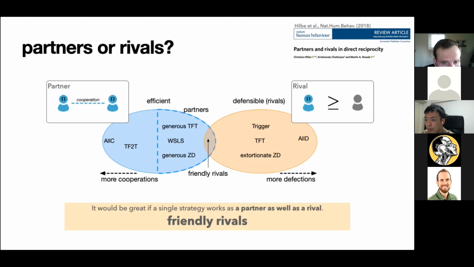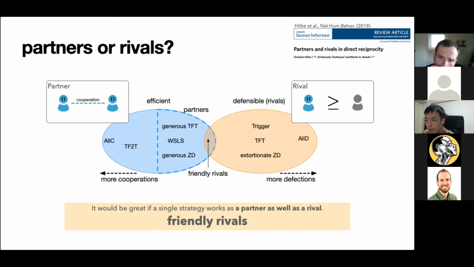For instance, win-stay-lose-shift and generous tit-for-tat belong to this class. On the other hand, rivals are a class of strategies that are stringent against the co-player, which is represented by the red circle in this figure. If a strategy is a rival, it is guaranteed that your long-term payoff never becomes less than your co-player's. For instance, tit-for-tat and extortionate zero-determinant strategies belong to this class.